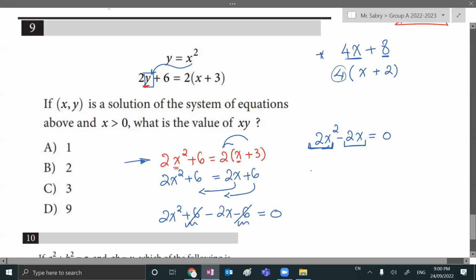Now try to do this over here. I took the 2x as a common factor and I'll open a bracket. Divide 2x power 2 by 2x. You said x, good, so that's an x right here.